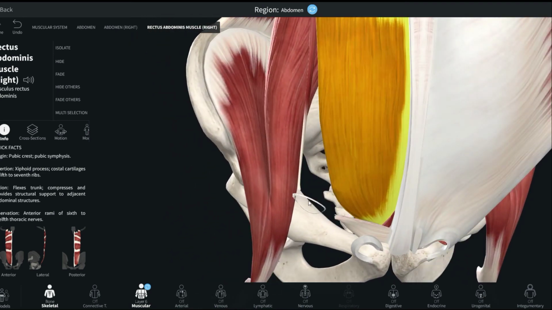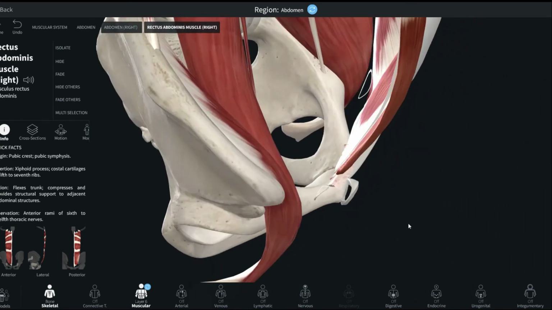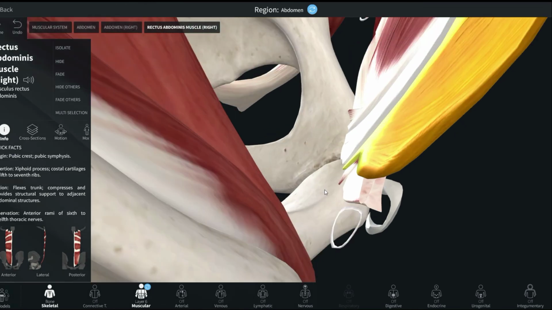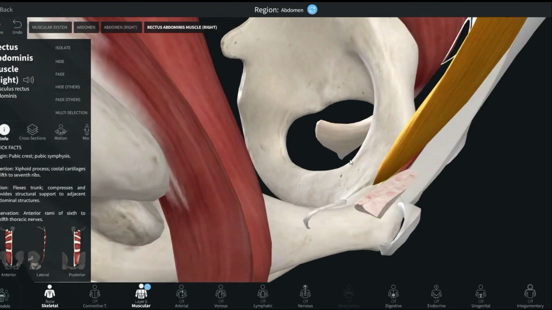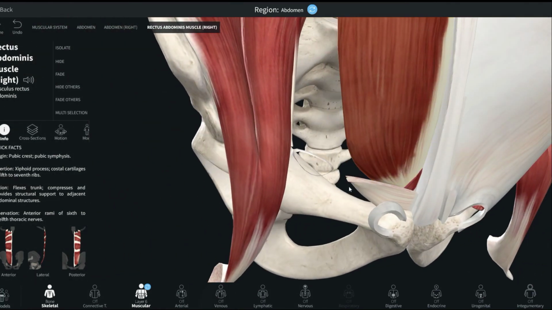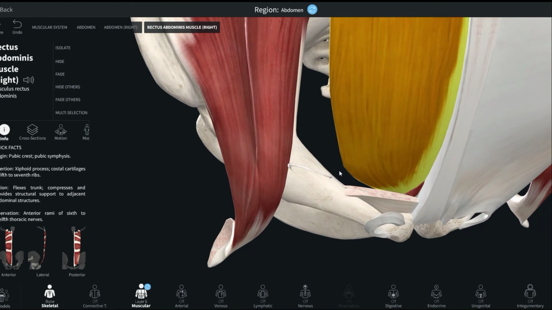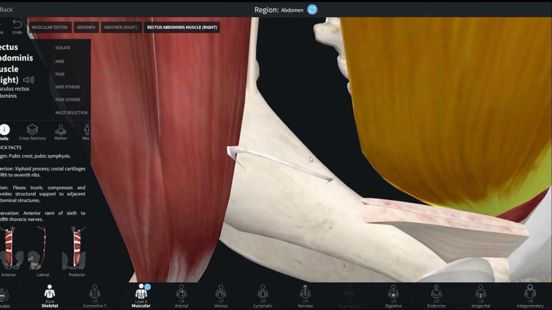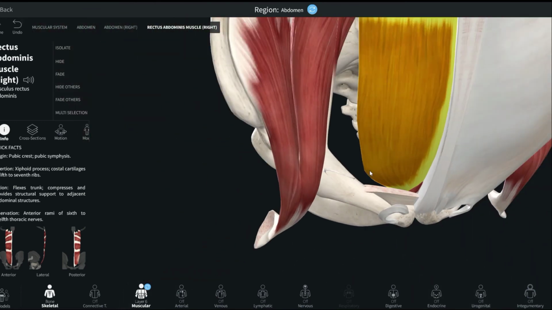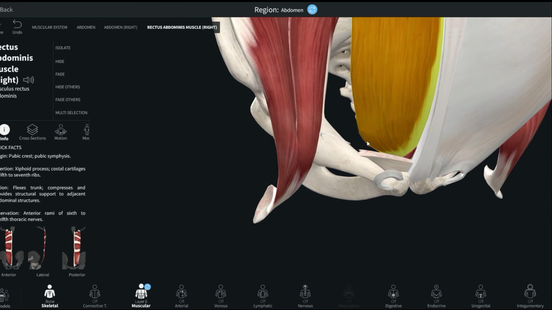So the lateral head of the rectus abdominis muscle, as you can already kind of see here, takes origin from the lateral part of the pubic crest. So this is the pubic bone. This over here is the pubic crest. Somewhere from over here; this model shows the structure very medially. Actually, it's a bit like this.